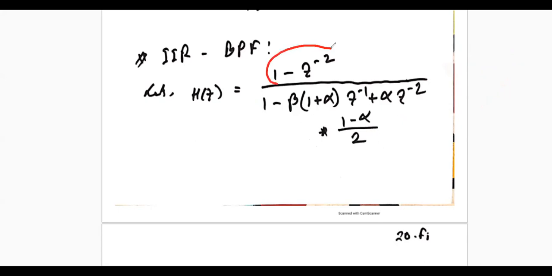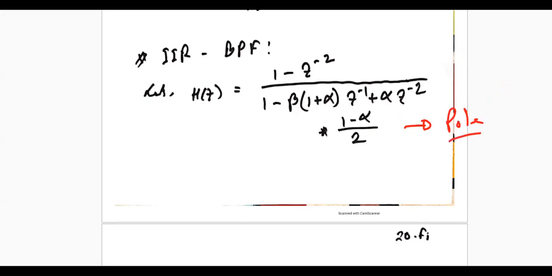The numerator part, you have this experience from the FIR filter, and this has been taken from the location of the zero points. In the denominator, definitely this is responsible for the pole location.